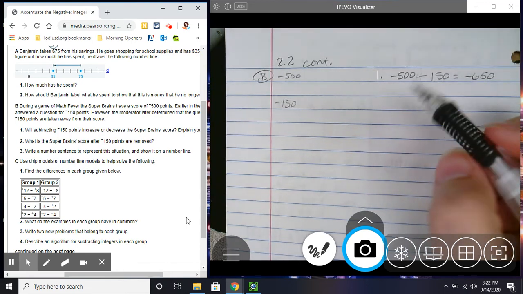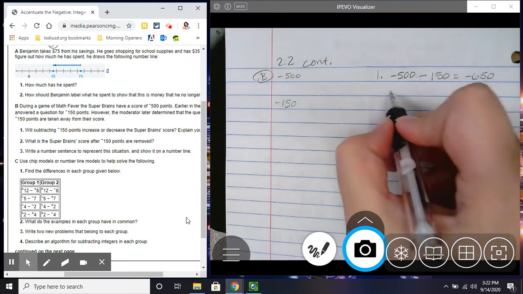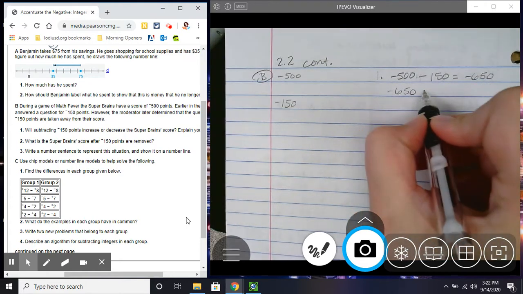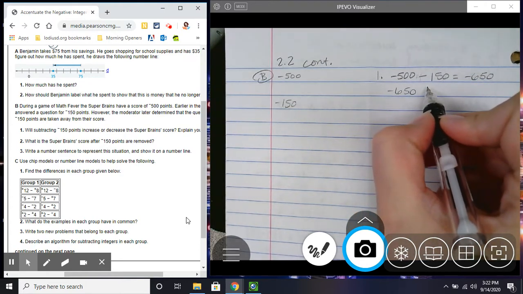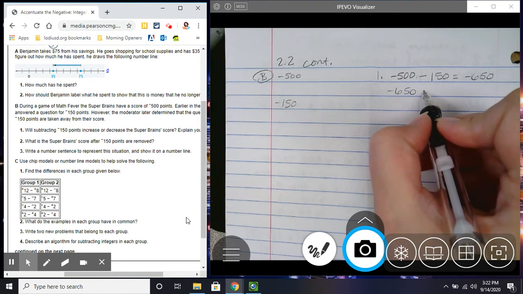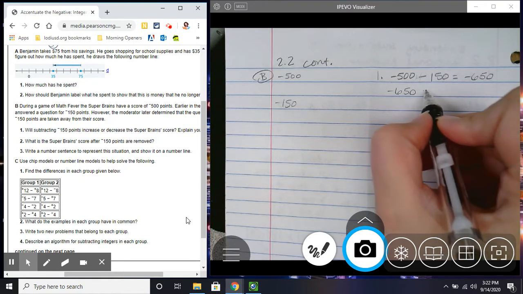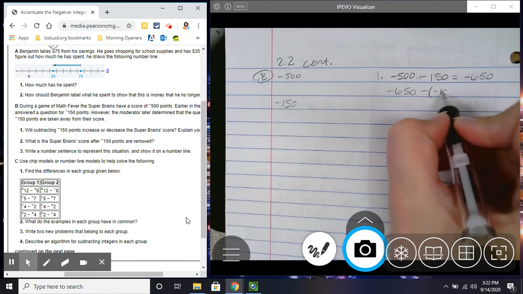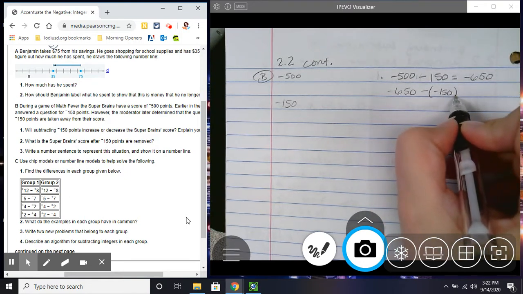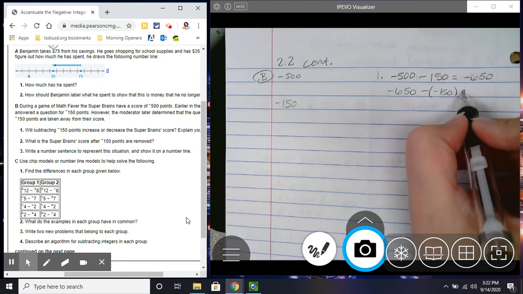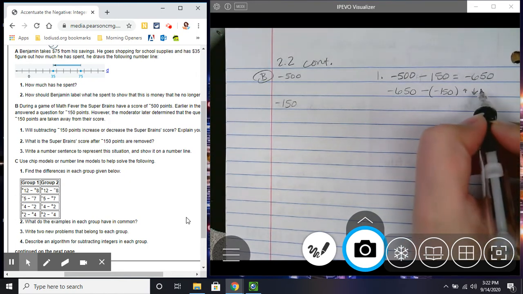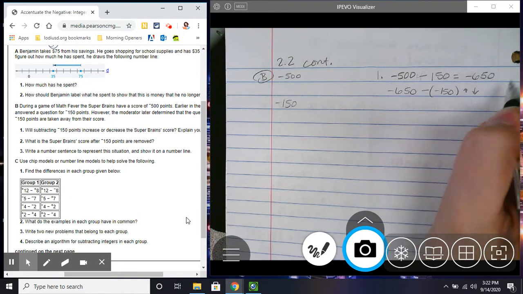And so their question then is, if you started with -650 points, it says, will subtracting -150 points work? Will it increase or decrease their score? And you have to explain why.